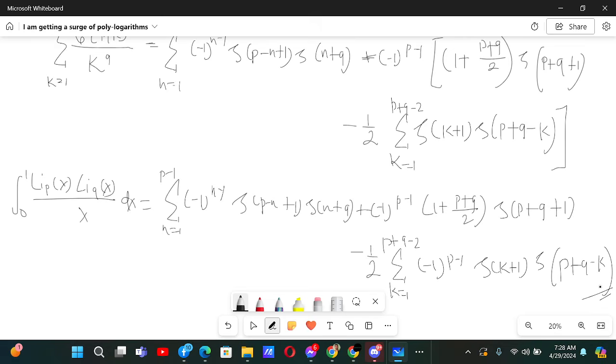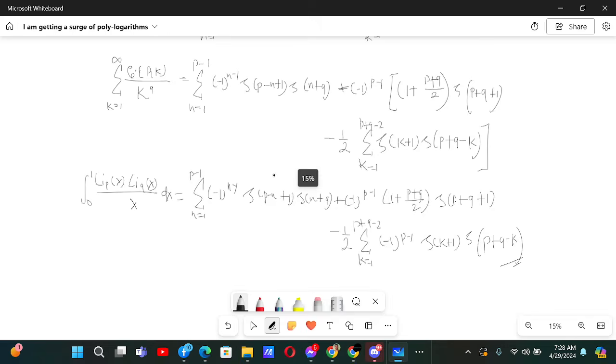The answer is basically sum from n equals 1 to p minus 1 of Riemann zeta of p minus n plus 1 times zeta of n plus q, and then plus minus 1 to the power p minus 1, 1 plus p plus q by 2 Riemann zeta of p plus q plus 1, minus 1 by 2 sum from k equals 1 to p plus q minus 2 of Riemann zeta of k plus 1 times minus 1 to the power p minus 1, and then Riemann zeta of p plus q minus k. Yeah, that's the correct answer, and I hope you understood the solution.